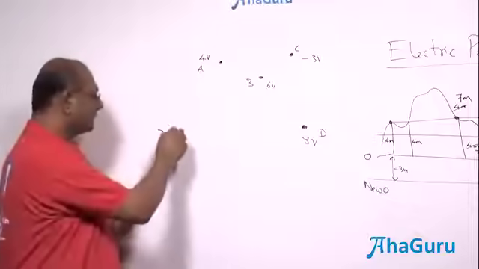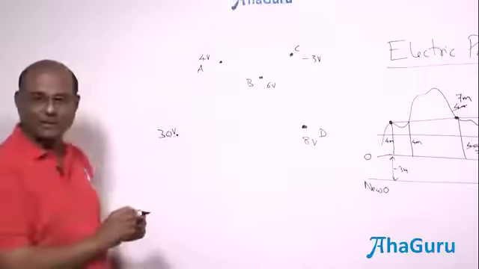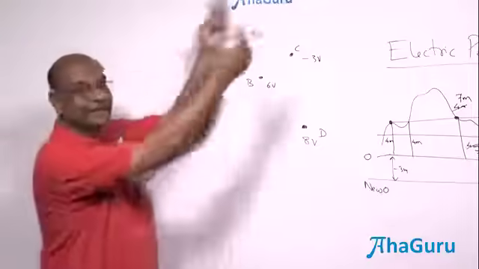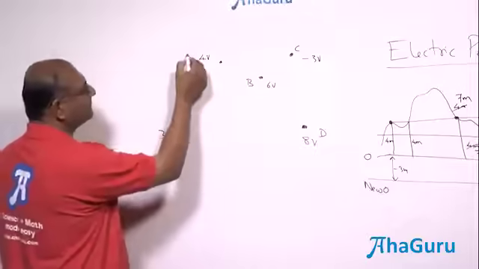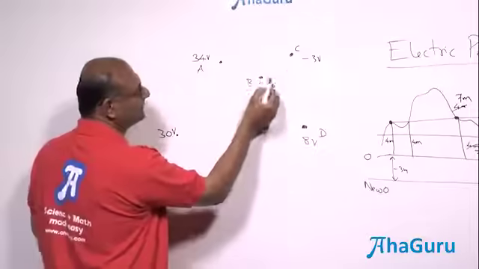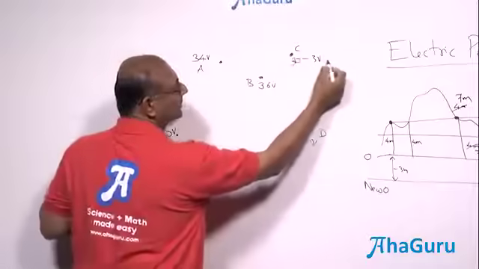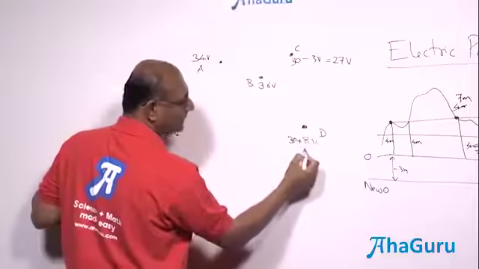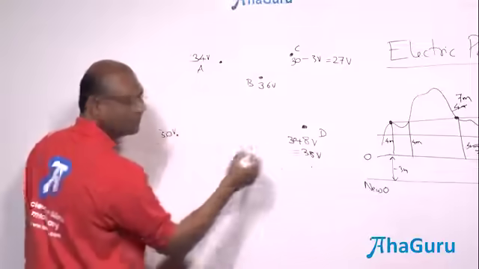I've added a 30 to the original 0. Now everything will increase by 30. So this will become 34, this will become 36, this will become 30 minus 3 or 27 volts, and this will become 30 plus 8, 38 volts.